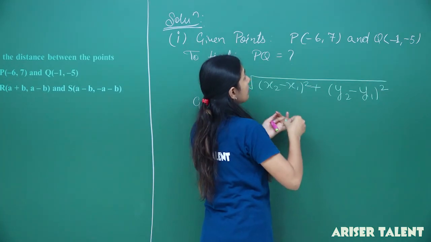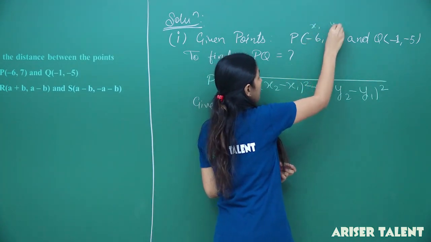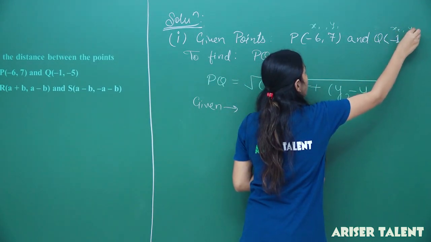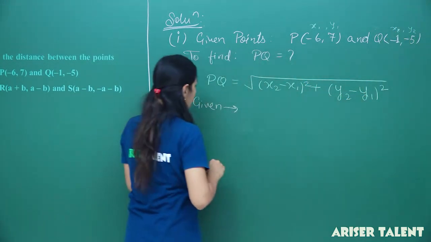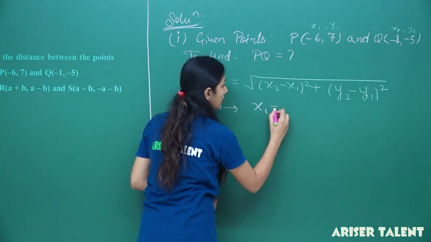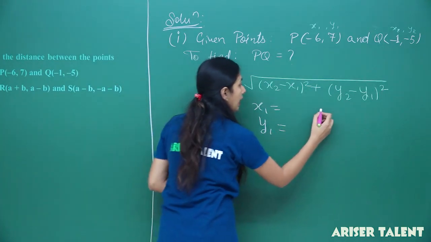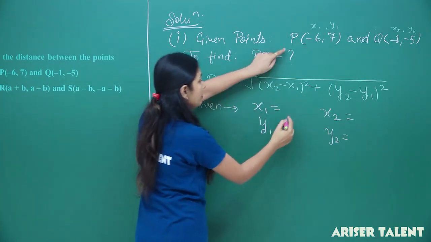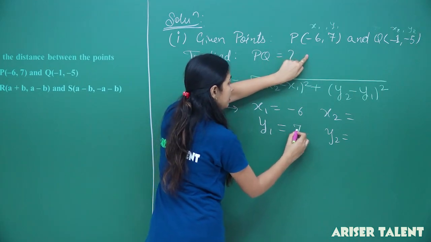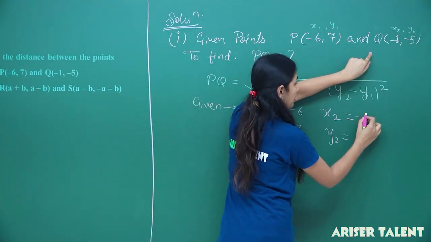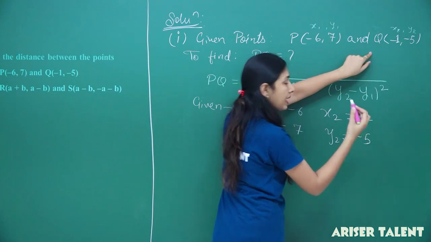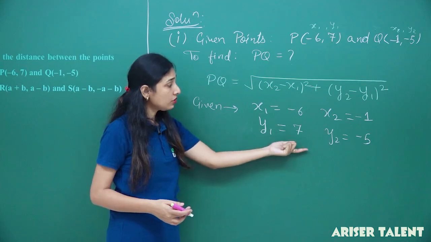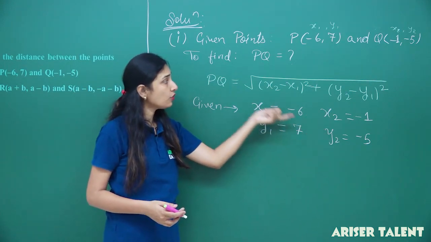So, we can write x1, y1, x2, y2: x1, y1 is (-6, 7), then x2, y2 is (-1, -5). Now, what do we have to do? Just put the values of x1, y1, x2, y2 in the formula.